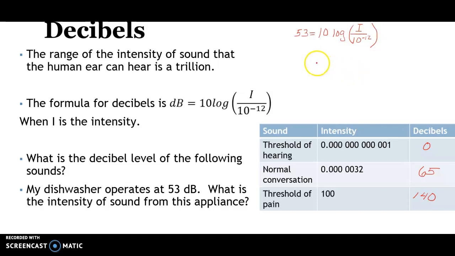So in order to solve, the first thing I'm going to do is divide both sides by 10, because I see this is multiplied, and that's easy to do. It's the inverse. So divide by 10 on both sides, so I get 5.3 is equal to the log of I over 10 to the negative 12.